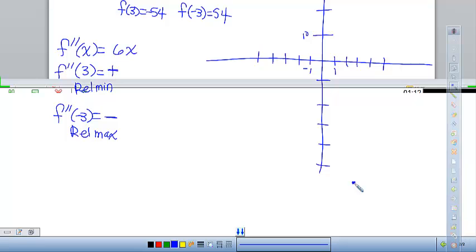And we said that that particular point at 3 was going to be a relative min. So that means it was concave. We can kind of make a note to ourselves that right here the function should do, because it's concave up there. Okay, does that make sense? All right, just kind of making a note to ourselves about what this might look like.